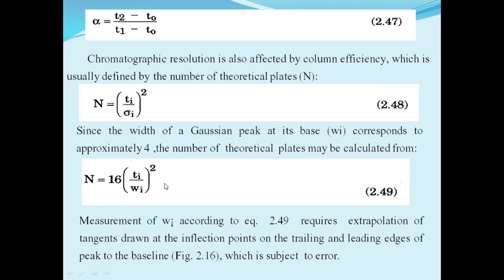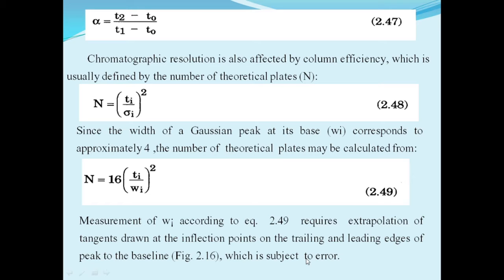This is equation number 2.49. Measurement of Wi according to equation 2.49 requires extrapolation of tangents drawn at the inflection points on the trailing and leading edges of the peak to the baseline, which is subject to error.